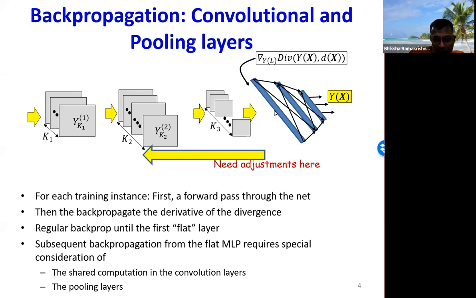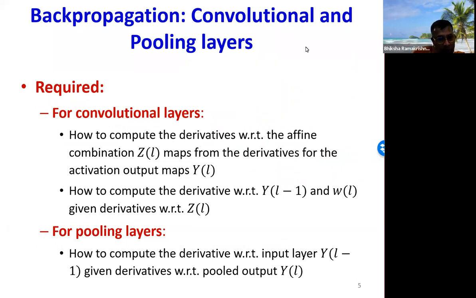We use regular backpropagation through the final MLP layers of the net. Subsequent backpropagation from this final flat MLP requires modifications that consider the shared computation in the convolution layers and the pooling operations in the pooling layers. So there are two distinct components that we have to consider separately.